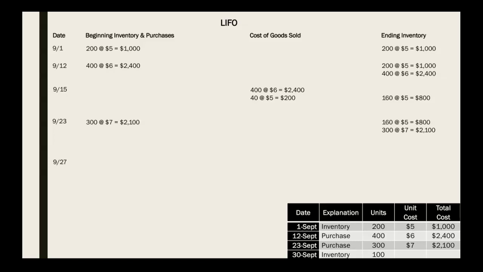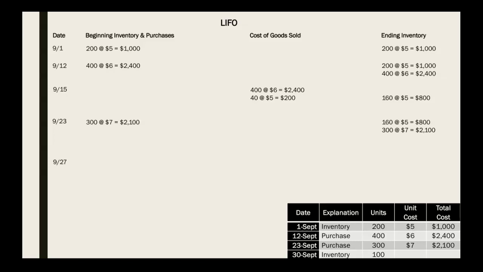So you'll notice again under ending inventory, both the units at $5 and the units at $7 are written out, because that's what we have in our inventory on this day. Now on the 27th, we sold 360 units.